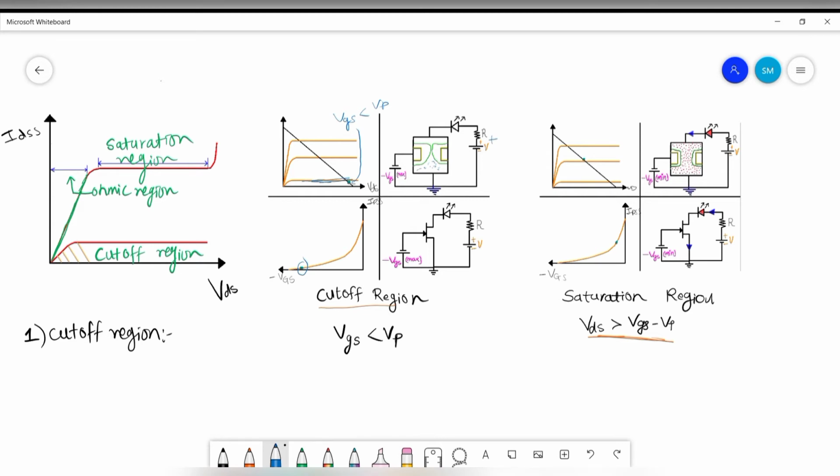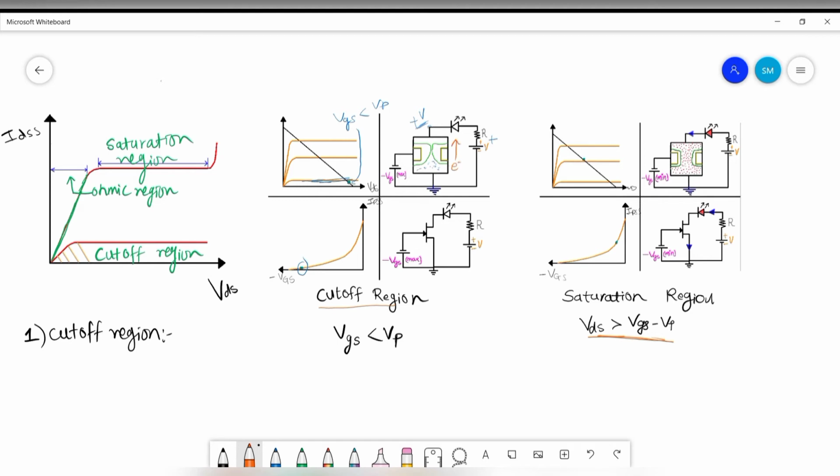Here it should be around plus V. Obviously there would be some voltage drop across this resistance and LED, but for now we are assuming we get plus V here. So the normal tendency of electrons would be to go upwards.